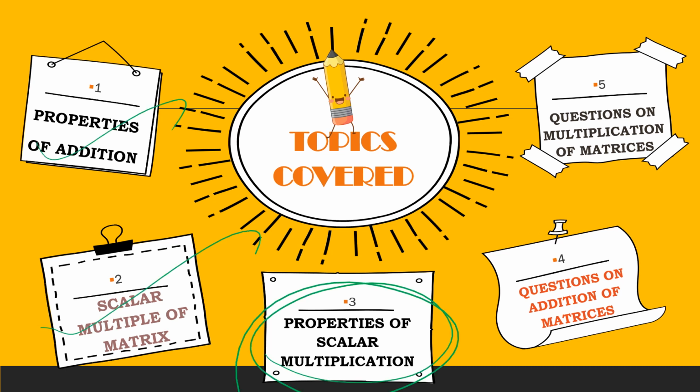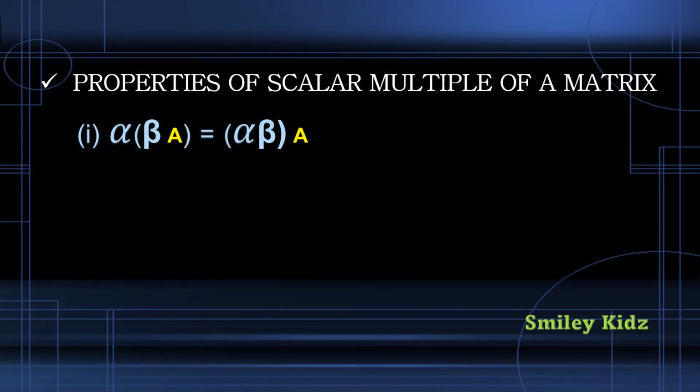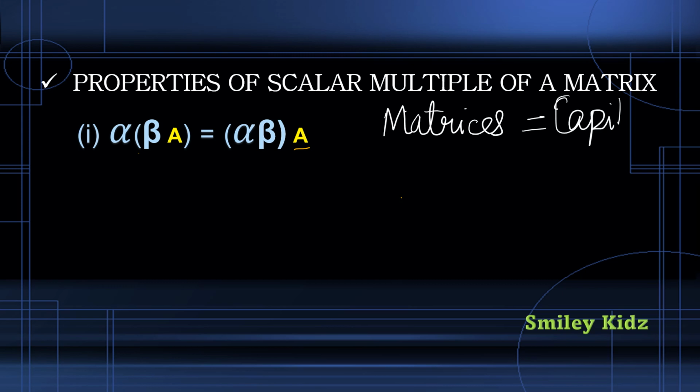Let's quickly dive into the properties of scalar multiplication. Now the first property says alpha into beta A in brackets, equals alpha beta in brackets into A. Here all the things in yellow are matrices, and you must always remember that matrices are denoted in capital letters.